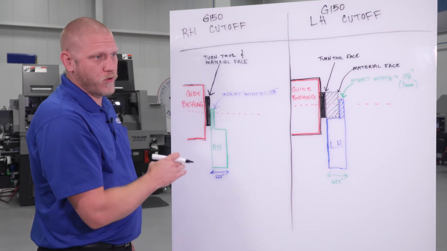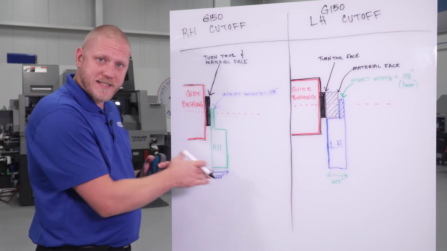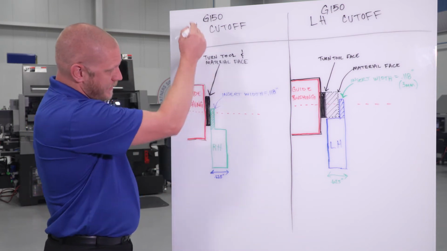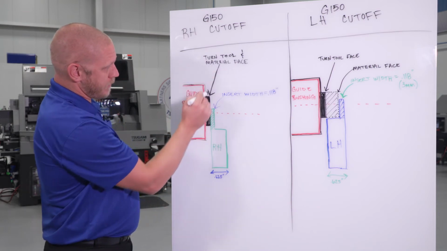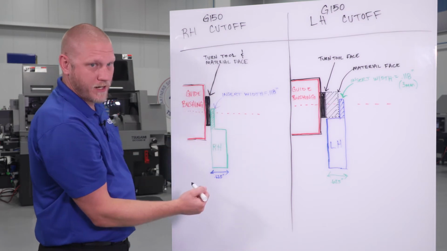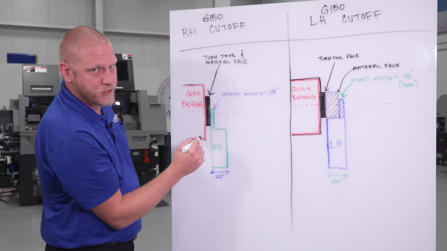It's very important to get this G150 number correct because this is going to dictate your facing value, and your face is actually the same as your gang slide Z0 face, the turning tool. So you can see this arrow here is saying turn tool and material face with a right-hand cutoff. This position may differ from machine model to machine model.